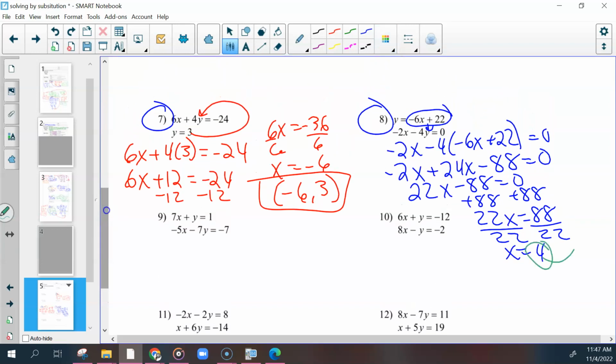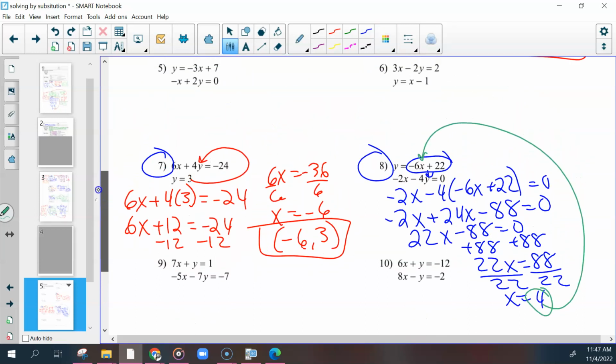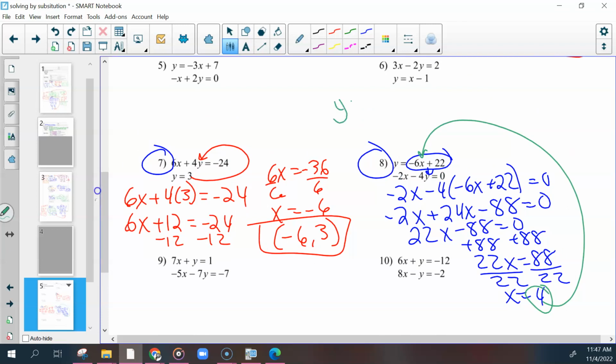So take that x, put it back into your y equation where x is, and solve for y. So then our final answer would be 4, -2.